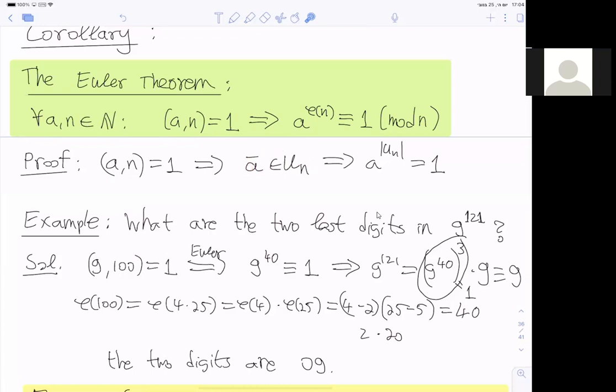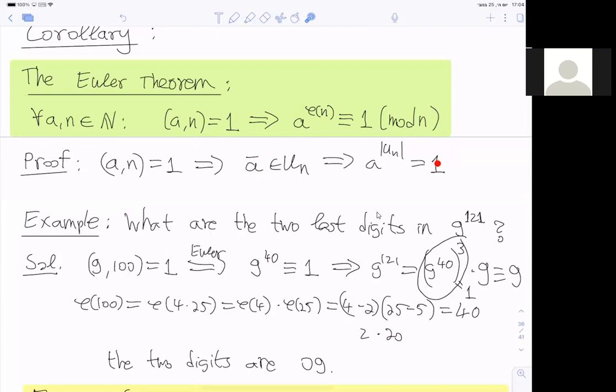And we know by Lagrange, this is very general, that any element in a group to the power of the order of the whole group must be E. Now, being E means being, in multiplication, remainder 1 modulo n.